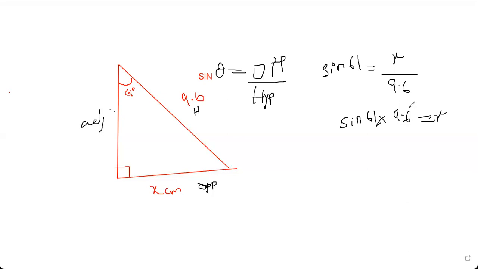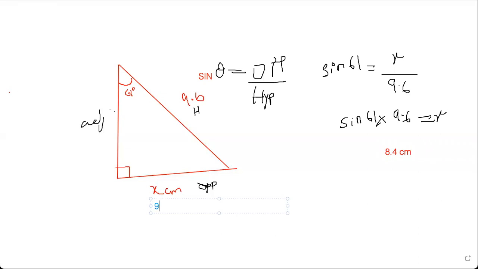It is giving me 8.40. You can round the value to 1 or 2 decimal places, 8.4 centimeter. 8.4 centimeter is the value of x, which is the opposite.